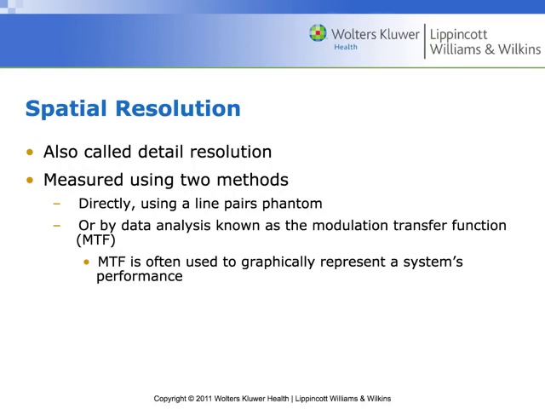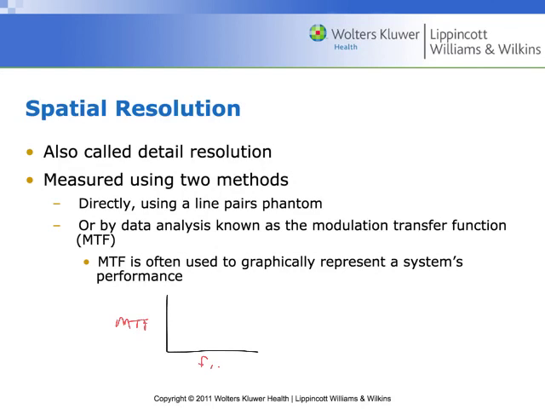So the way it's represented graphically, it's in our textbook, page 63, but a lot of times it looks like this. Over here on this side, we'll have some kind of MTF that's telling us how much resolution is visible. And then over here, we're going to have spatial frequency.